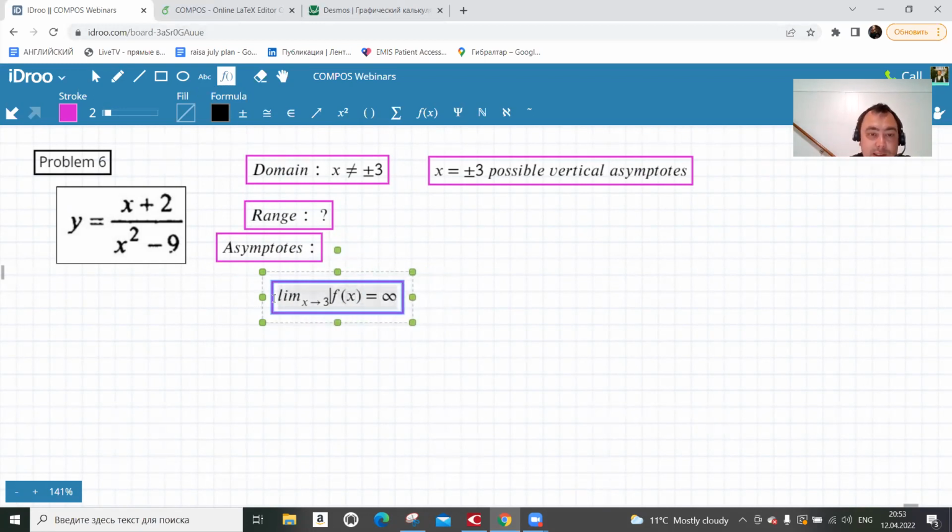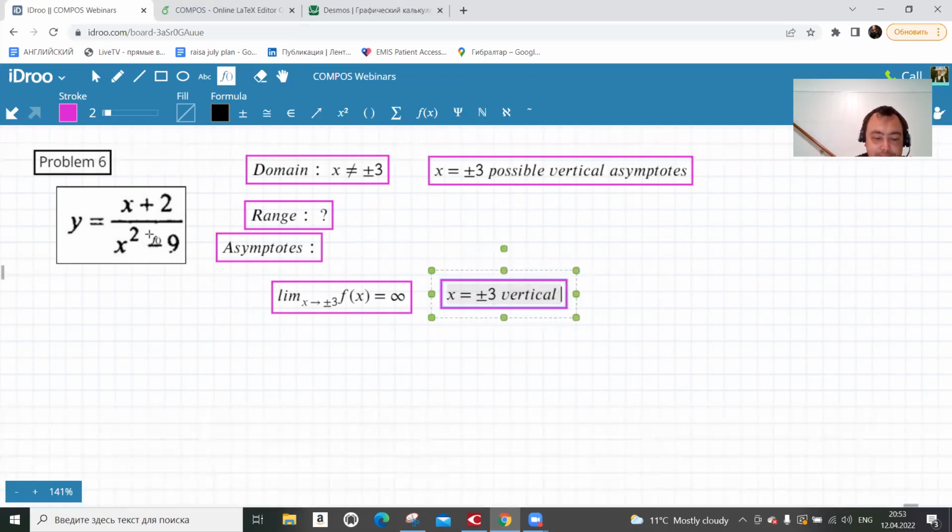And when it tends to minus 3, it's also infinity. You can check that by taking values of x very close to 3. So x equals plus or minus 3 are vertical asymptotes.